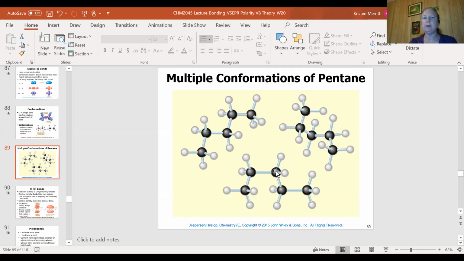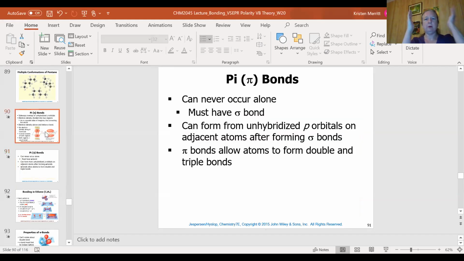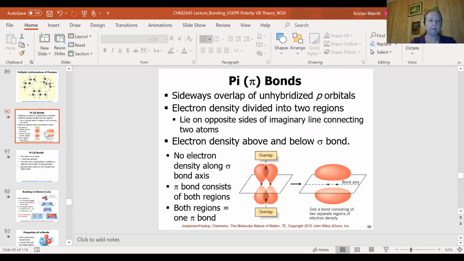The p orbital has got to be parallel. They've got to be perfectly aligned with each other in order for this overlap to happen. So you can't rotate, because as soon as you rotate, you break that parallel.